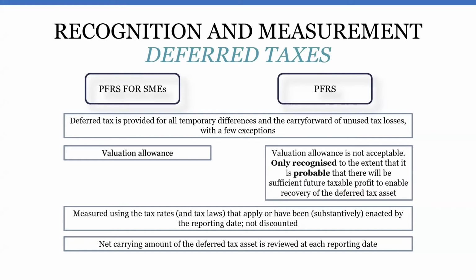So, for full PFRS, yung valuation allowance is not acceptable. So, for full PFRS, we only recognize deferred taxes if it is probable that there will be sufficient future taxable profit to enable recovery of the deferred tax assets.